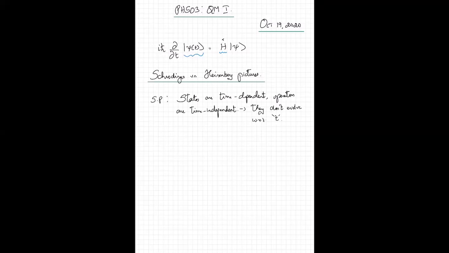Okay, so that is what time independent in this context means. All right. So there is another picture where this whole thing is switched around, and this switching around can be important to understand certain problems in quantum mechanics.